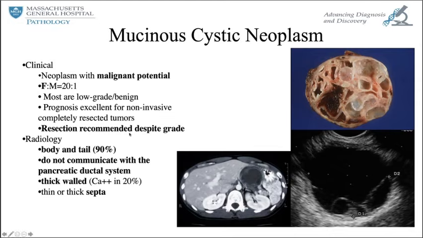Patients are cured, which is why almost all of these will be resected regardless of grade, since they generally occur in middle-aged women in the body and tail of the gland, such that a distal pancreatectomy is much more cost-effective and less anxiety-producing than the wakeful watching for 20 plus years of a 50-year-old wondering if her cyst is going to progress to malignancy.